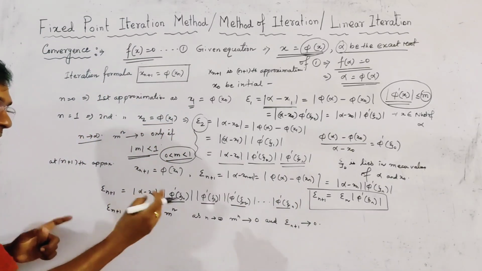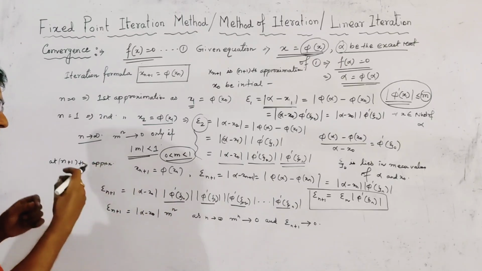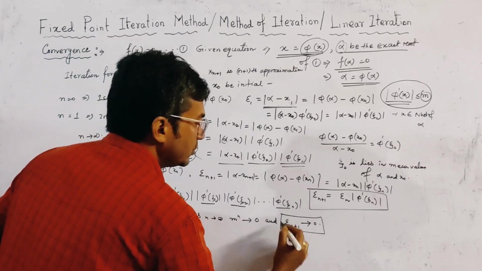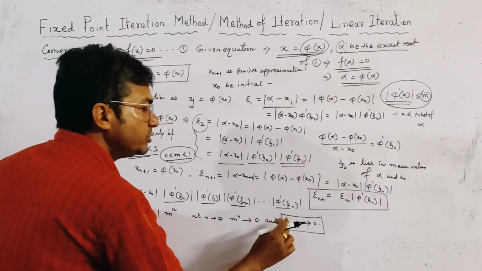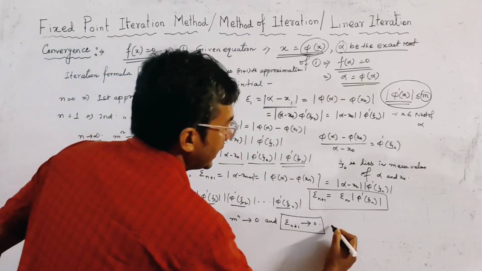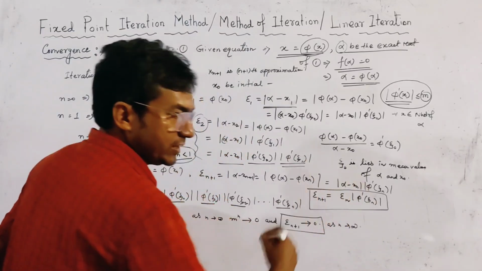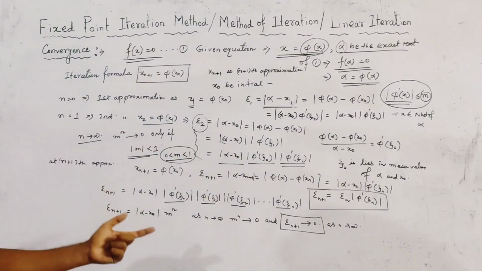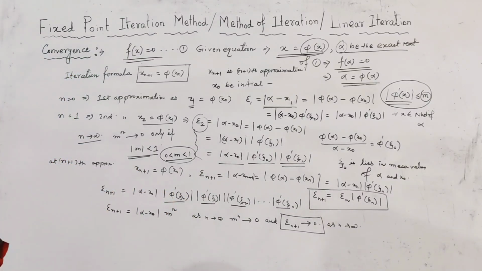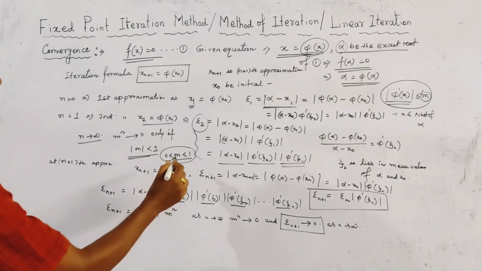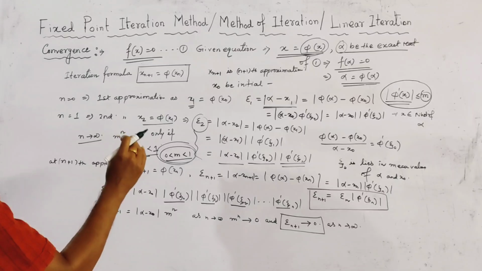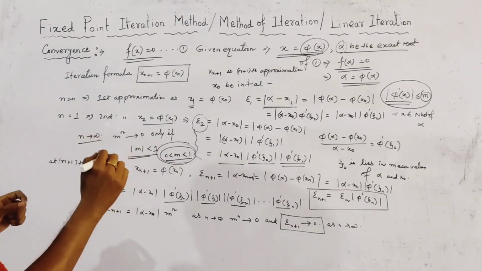That is, as n tends to infinity, at the n plus 1th approximation this method is error free, or the error of this method at the n plus 1th stage tends to 0 as n tends to infinity, and this is the convergence of this method. And what is the condition of convergence? The condition of convergence of this method is 0 less than m less than 1.